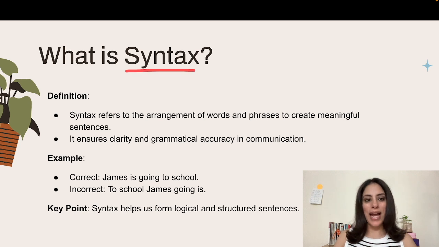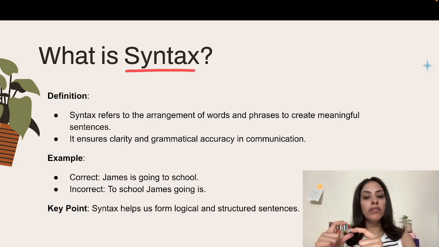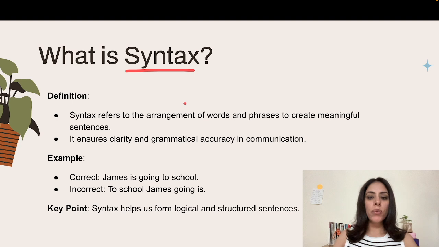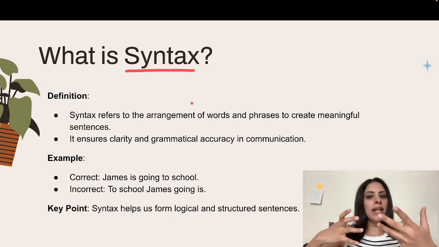Let's understand that. Syntax basically refers to the arrangement of words and phrases to create a meaningful sentence. It ensures clarity and grammatical accuracy in communication. Whenever you're writing a sentence, sometimes it comes out naturally.